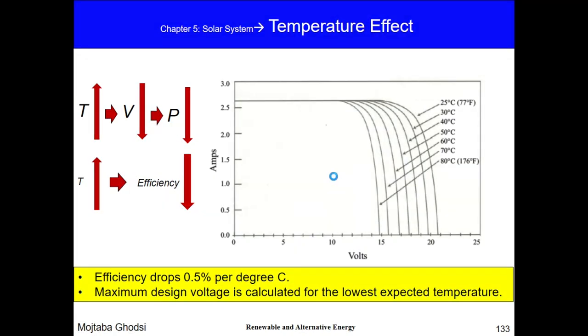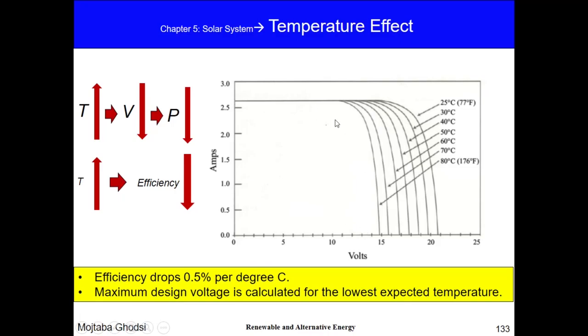As I explained before, the relationship between the current and voltage can be found in this configuration. Normally, for a constant current, at a certain voltage, the current will drop. But what I would like to explain here is the effect of the operating temperature of the PV solar panels on the behavior of the current versus voltage, or the characteristics of the PV solar panels.